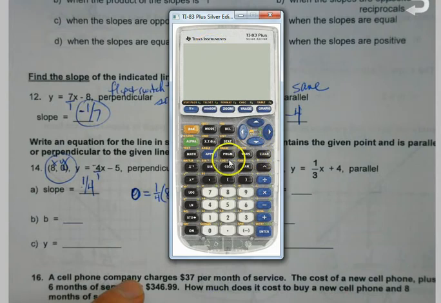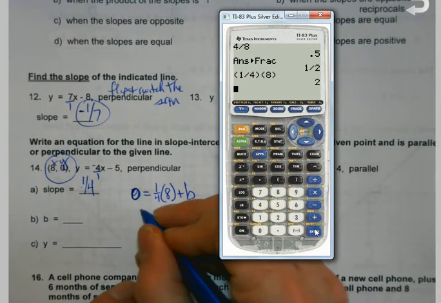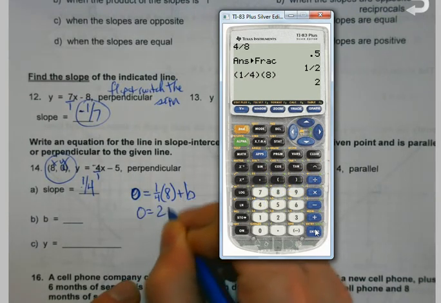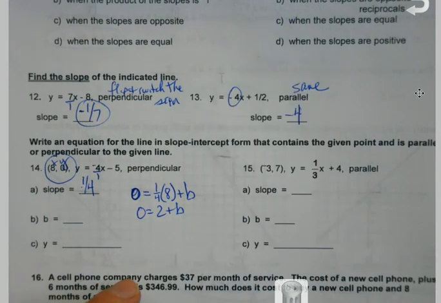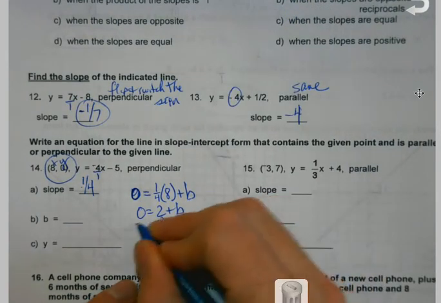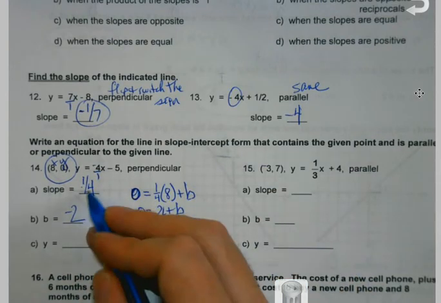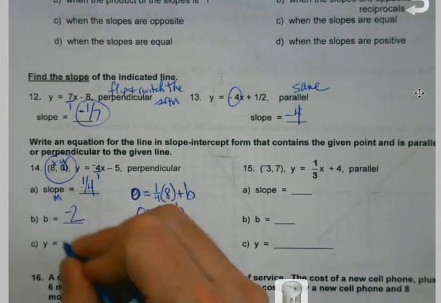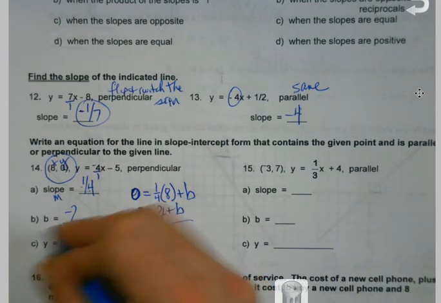So if I'm not sure what's up, I have a choice. 1/4 times 8 is 2. How do I get that b by itself? Minus that 2 on over. I got my b. I got my m. Y equals mx plus b.